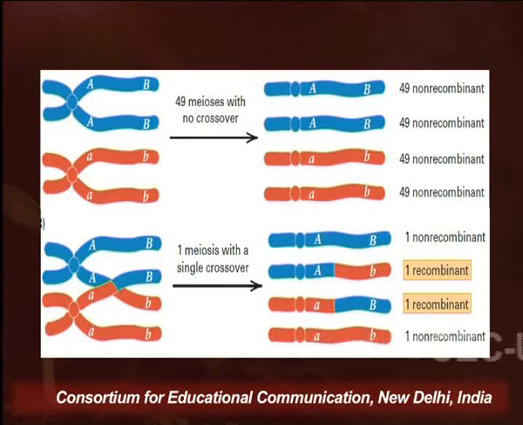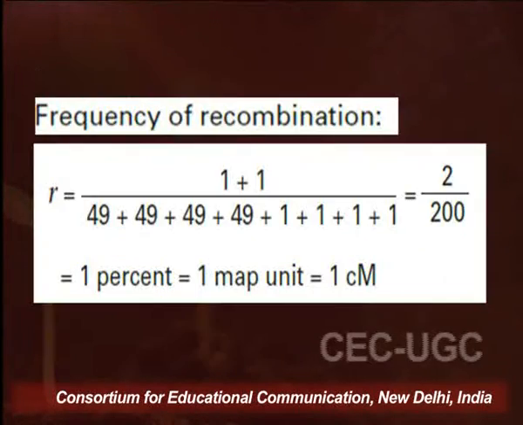And one meiosis would give rise to 4 haploid cells. Out of these 4 gametes, 2 are non-recombinants, which we add in 196, it becomes 198, and just 2 happen to be recombinants. Learners, you must remember that we are talking about 50 meiosis, 2 recombinants. This is how the calculations would move further.